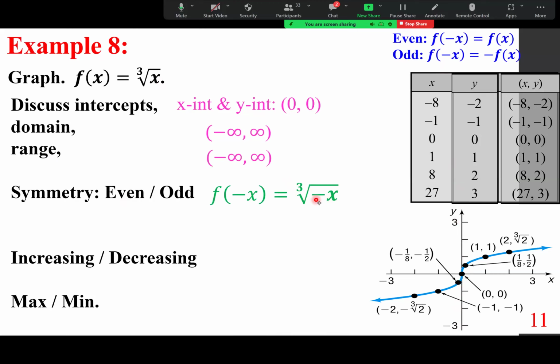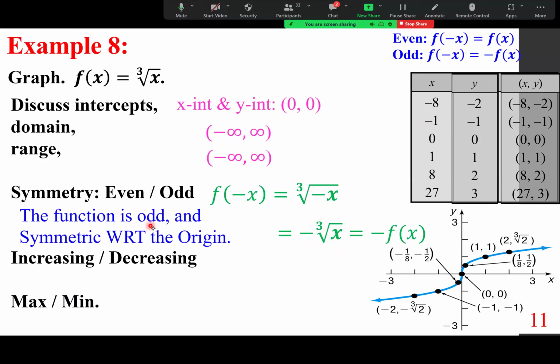So you can take that negative out, because in fact the cube root of negative 1 is negative 1. So f of minus x is minus the cube root of x, which makes it minus f of x, which makes it an odd function, which makes it symmetric with respect to the origin. So the function is odd. You proved it.